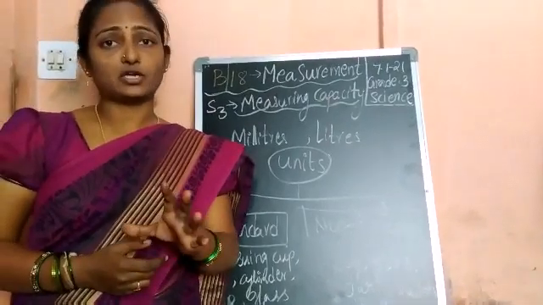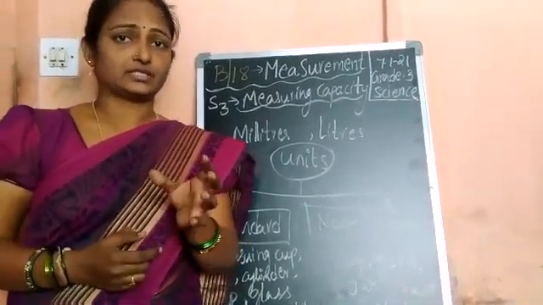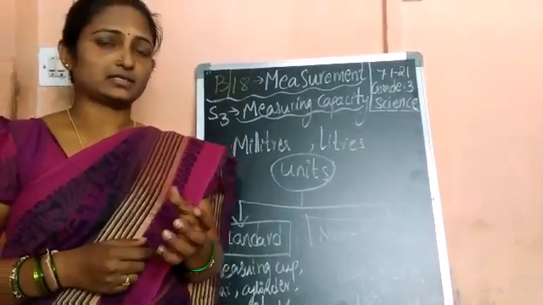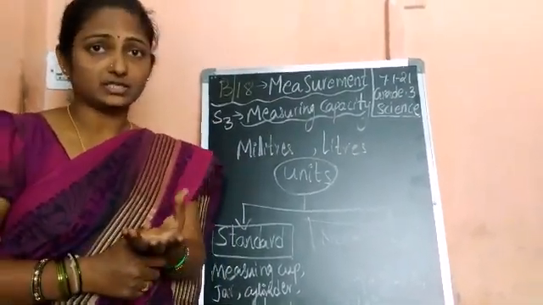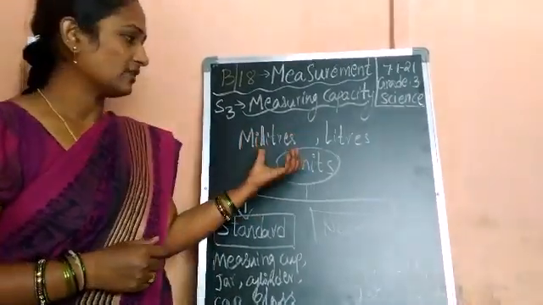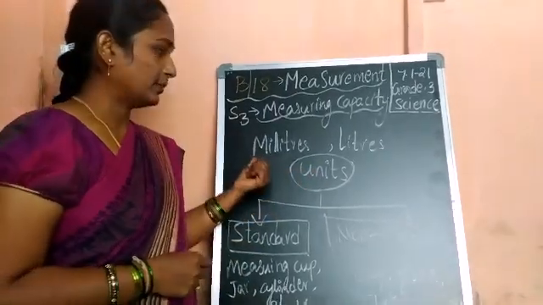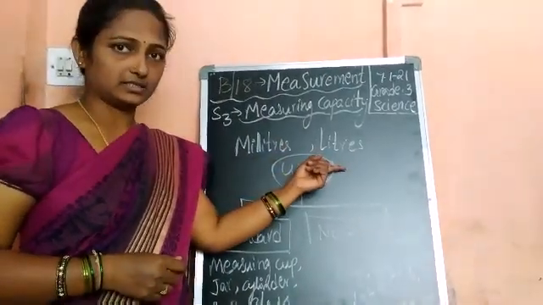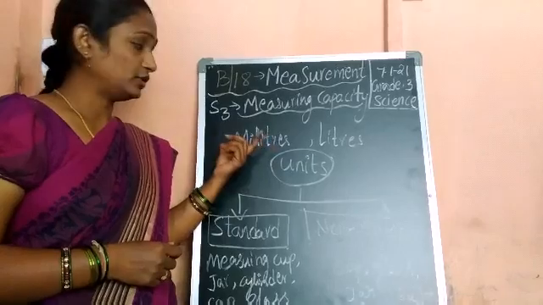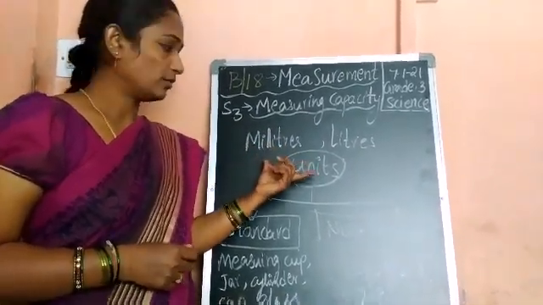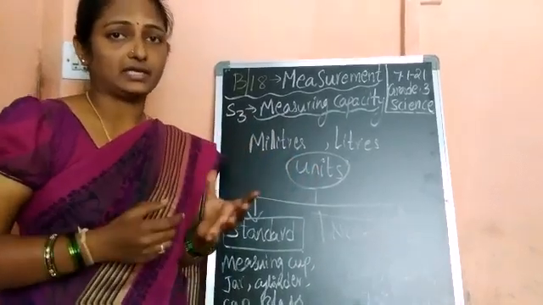To fill the bottle, we need liquids. So we are filling the liquids in the containers. If we want to measure the capacity, we have some units here. What are the units? Milliliters and liters. So we have units to measure the capacity of the liquids, to measure the capacity of the container.